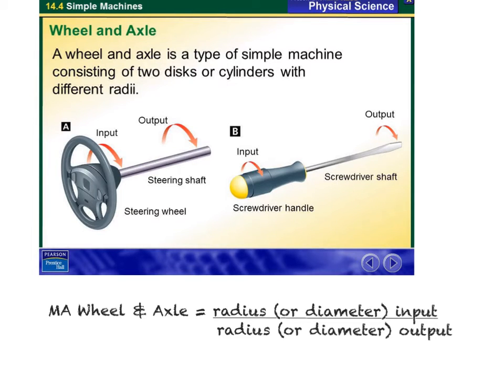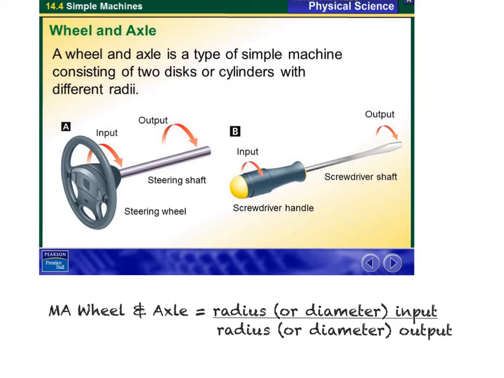The next simple machine that we'll be looking at is the wheel and axle. The wheel and axle is very common. Perhaps the most common is a screwdriver. Also very common and mentioned in the book is a steering wheel. The important thing to understand with the wheel and axle is how to find a mechanical advantage. And that's done simply enough using this formula.